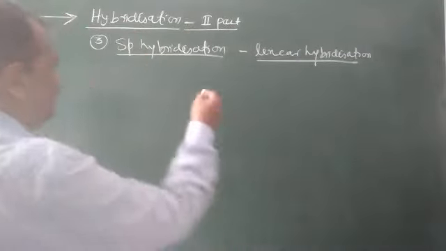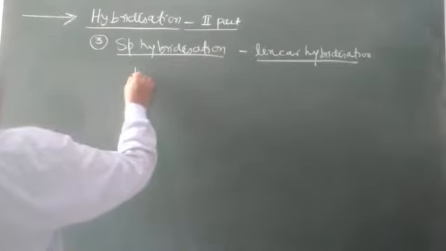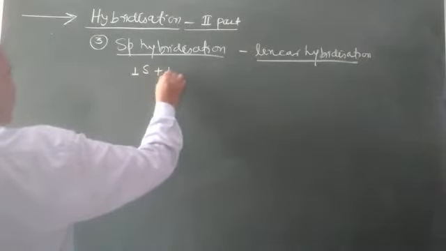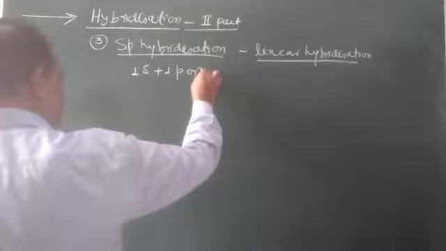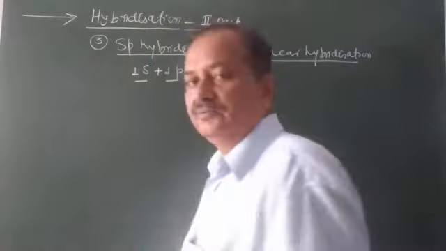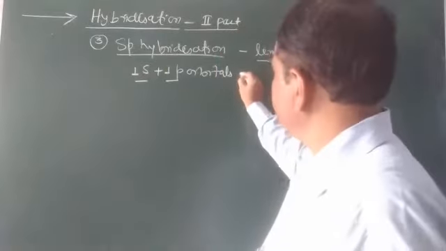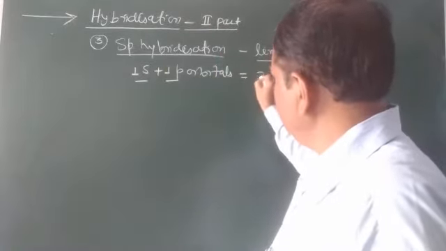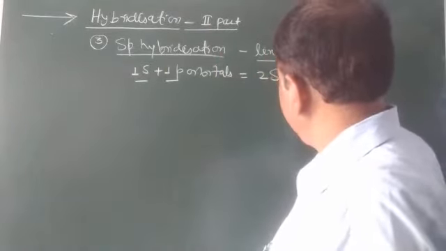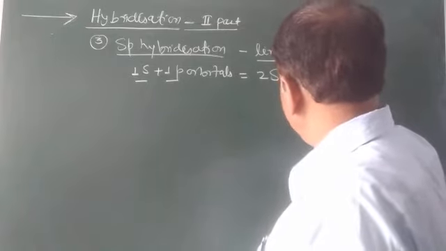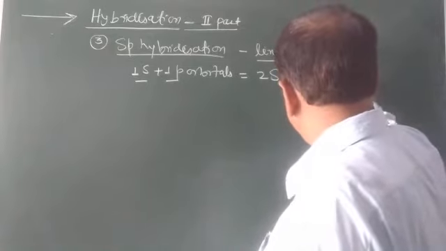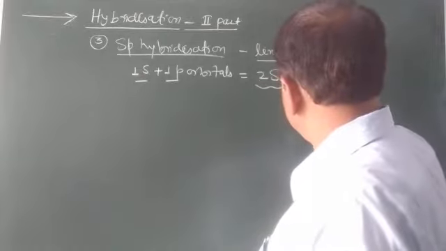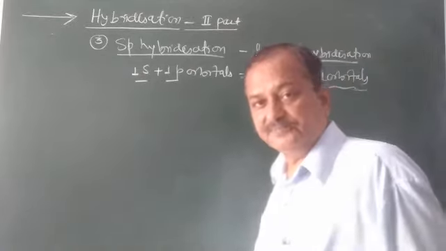Here there is one s and one p orbital, one and one makes two, and they form two sp hybrid orbitals.